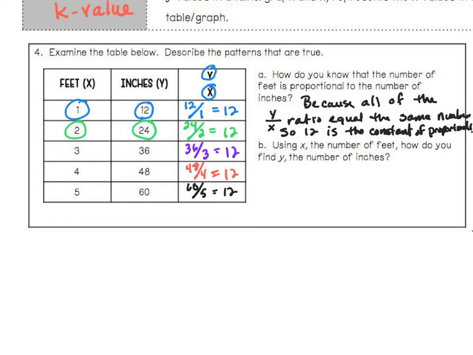The last question today says, using x, which is the number of feet, how do you find y, which is the number of inches? Well, you may have also noticed this pattern. If I take 1, keep forgetting to change to my pencil, 1 times 12, you get back 12. 2 times 12, you would get back 24. 3 times 12, you get back 36, which means I'd just take that times 12.